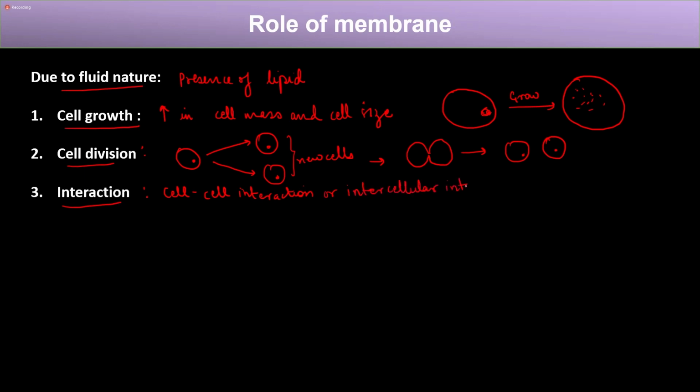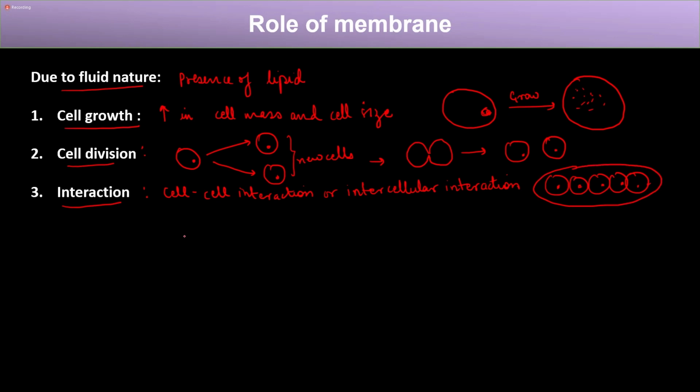In our body, or in any eukaryotic cell, such as in plants and animals, cells do not remain in isolation. They remain in contact with each other, and these cells continuously talk to each other and perform a function as a whole.